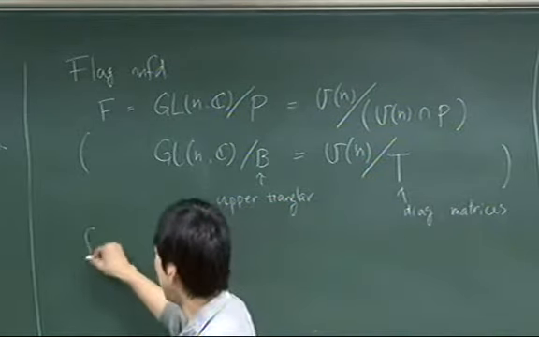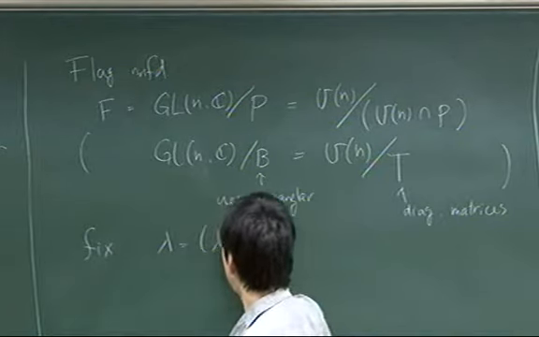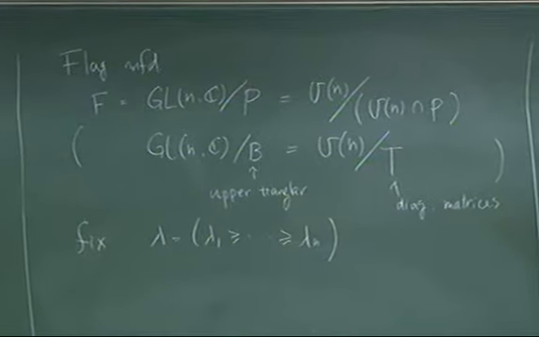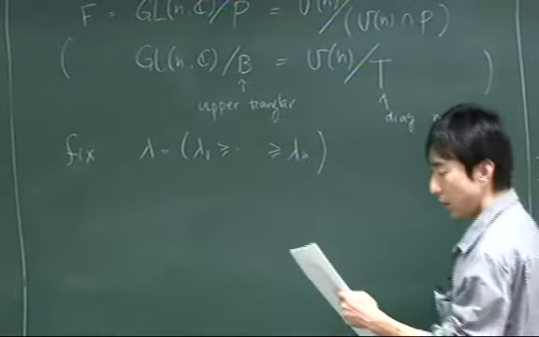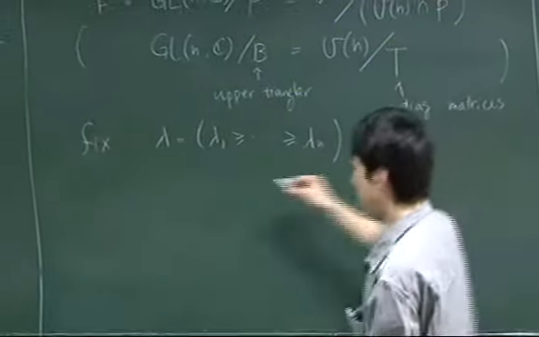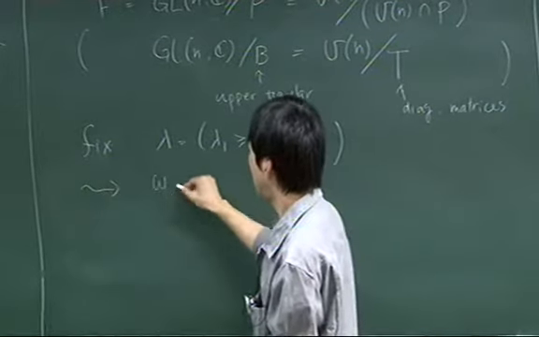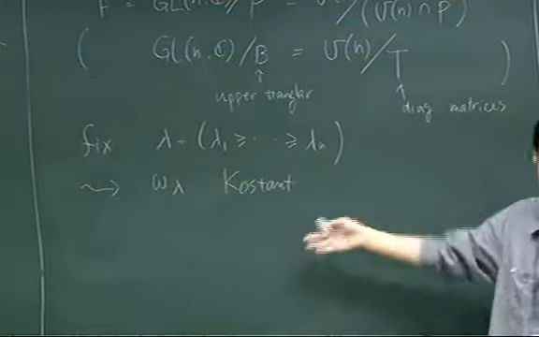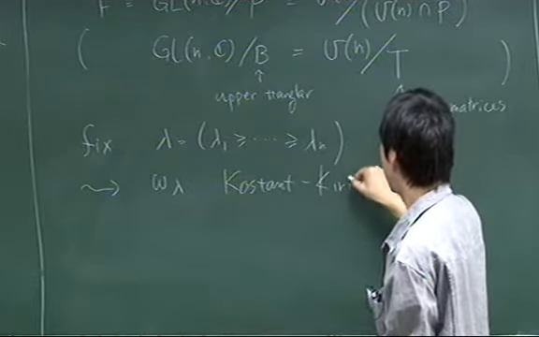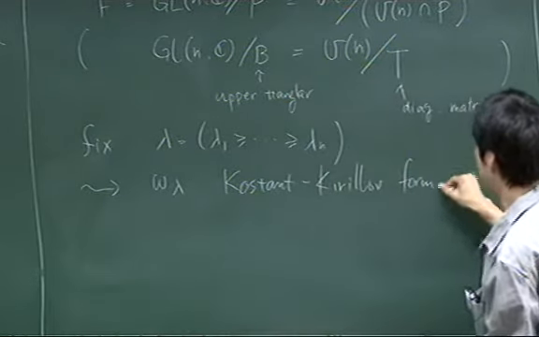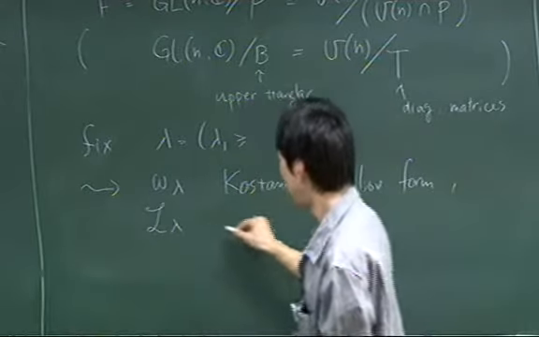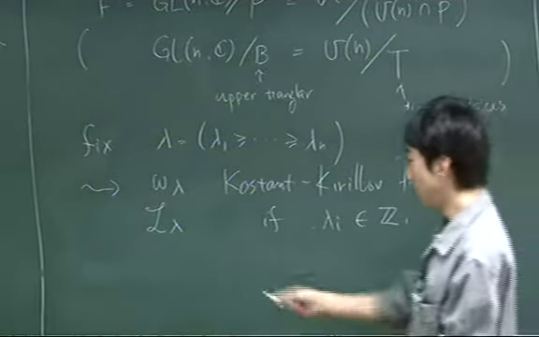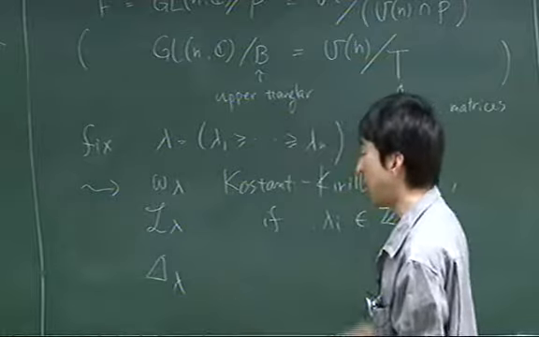Then we fix data, and we have similar relations. We can construct a symplectic form called the Kirillov form. I will explain this later. And a line bundle if all lambda_i are integral, and we can construct a moment polytope.